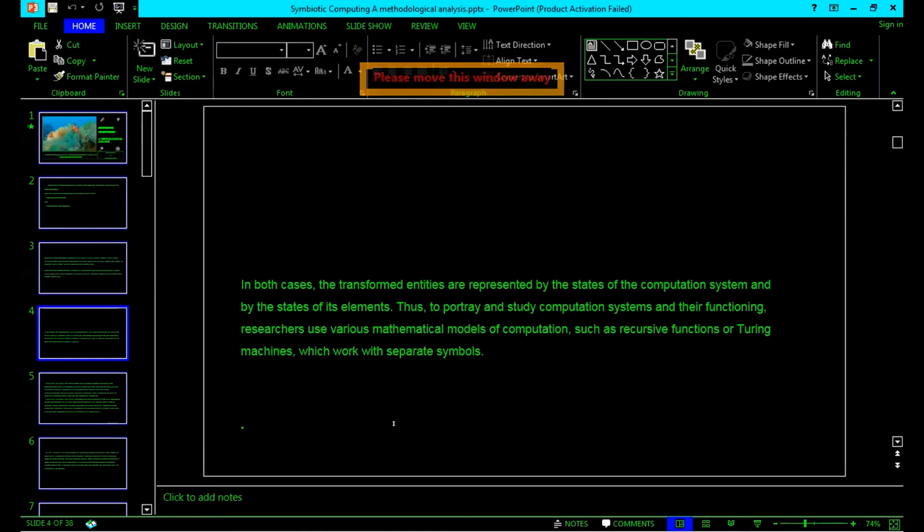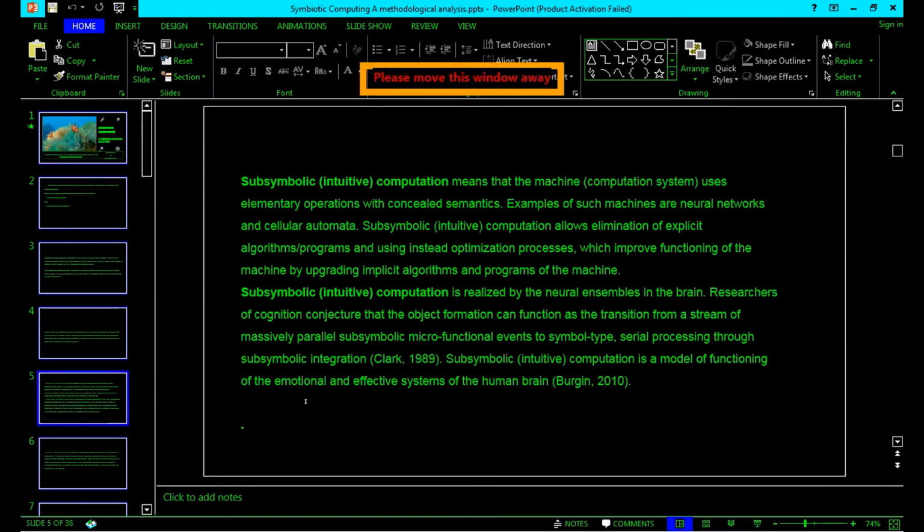Thus, to portray and study computation systems and their functioning, researchers use various mathematical models of computations, such as recursive functions or Turing machine, which work with separate symbols. Sub-symbolic intuitive computation means that the machine or computation system uses elementary operations with concealed semantics. Examples of such machines are neural networks and cellular automata.